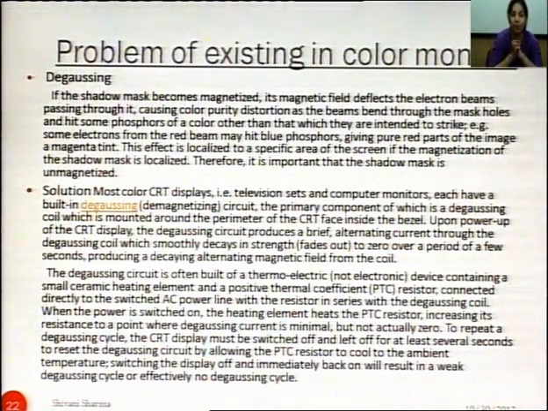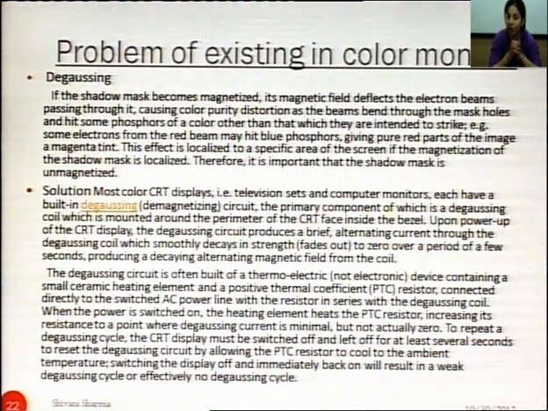The first problem is degaussing. Degaussing: if the shadow mask becomes magnetized, its magnetic field deflects the electron beam passing through it, causing color purity distortion as the beams bend through the mask holes and hit some phosphor of a color other than that which they are intended to strike.